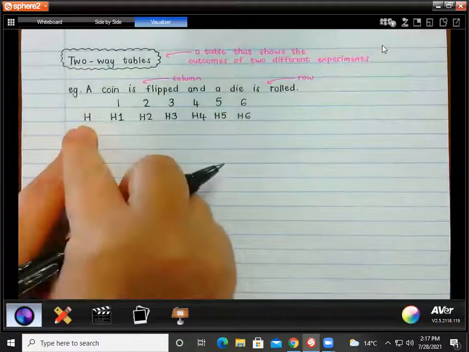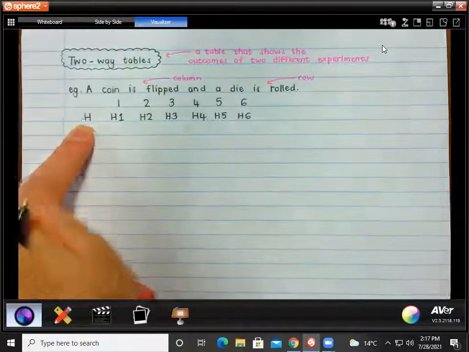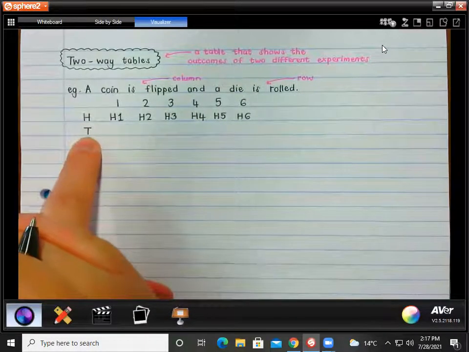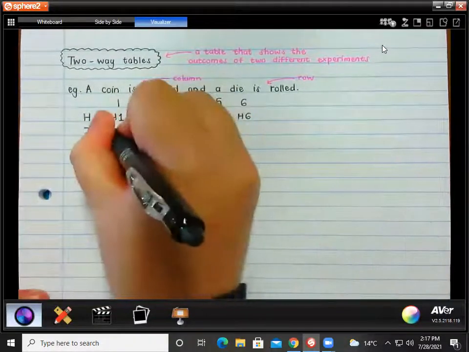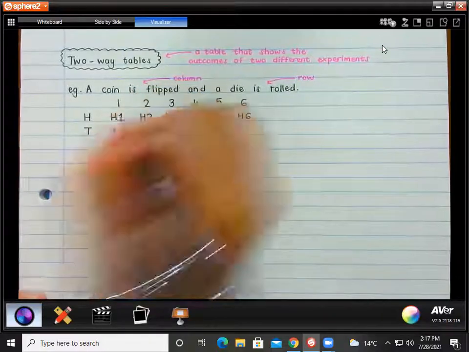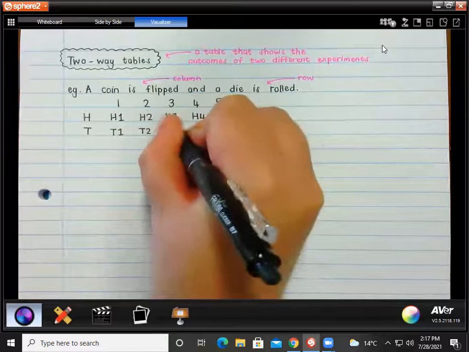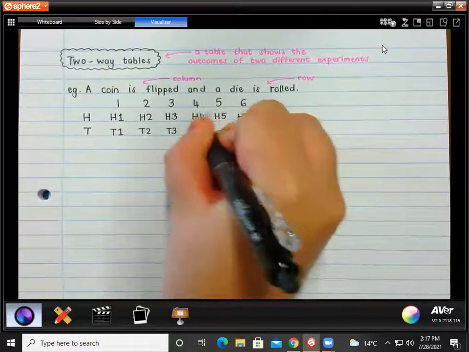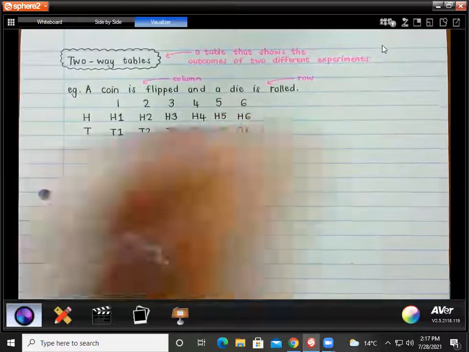Do you see what I mean by matching them up in the block? We can draw our blocks in just now. But then obviously your coin can also land on tails and then any of these numbers. So we're going to match them up. So tails and 1, then tails and 2, tails and 3, tails and 4, tails and 5, and lastly, tails and 6.